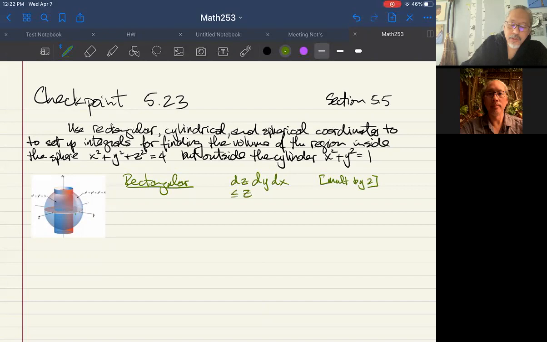That would be your z limits. So z goes from 0 to the top part of the sphere, which, if you solve for z, and since we're dealing with the positive part, is the square root of 4 minus x squared minus y squared.